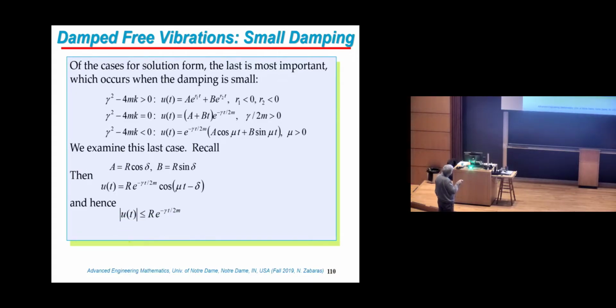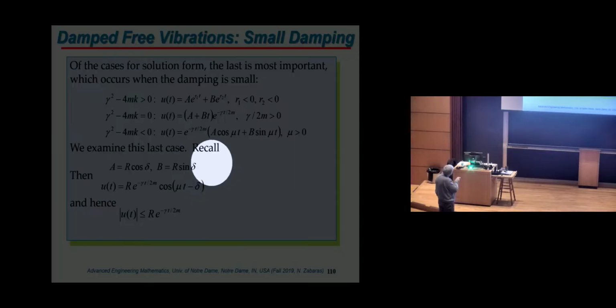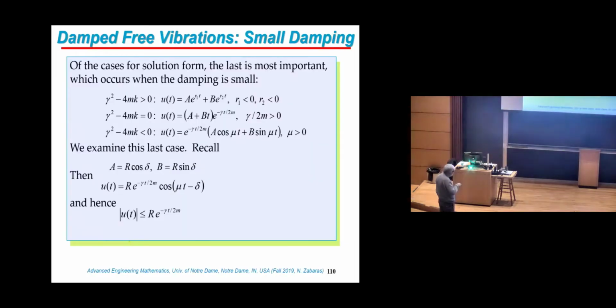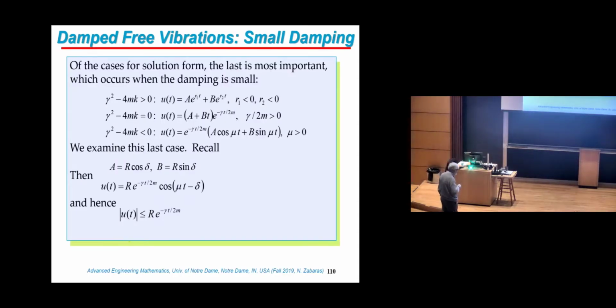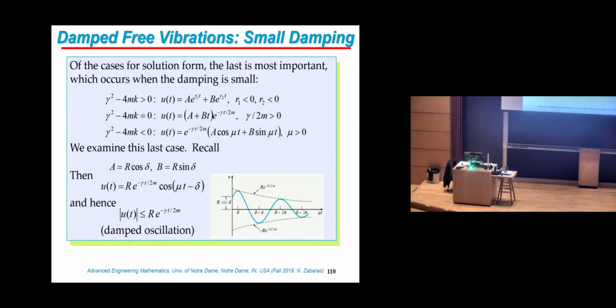Look now, interestingly, if you take the absolute value of u of t, because the cosine in absolute value is less than or equal to 1, you can see that the magnitude of u of t is bounded by r e to the minus gamma t over 2m. So the amplitude of u of t decays to 0, all right? So effectively, if I plot things, this is how it's going to look like.